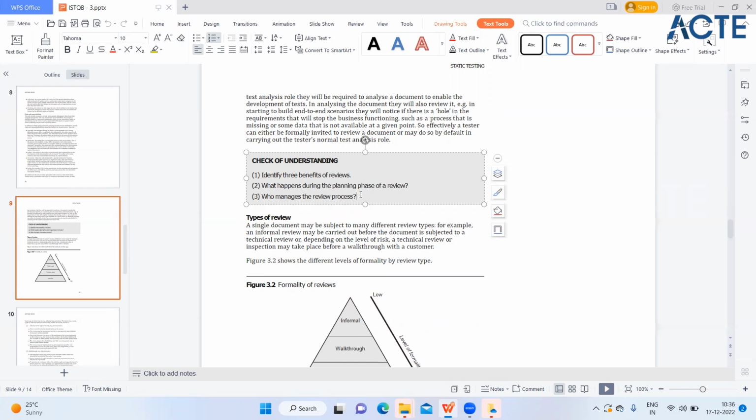You will not get both options together, but most probably you will get either the author or the review leader. If you get only the option author, or only the option review leader, then you have to choose accordingly. But if you get both options, then you should always choose the author.